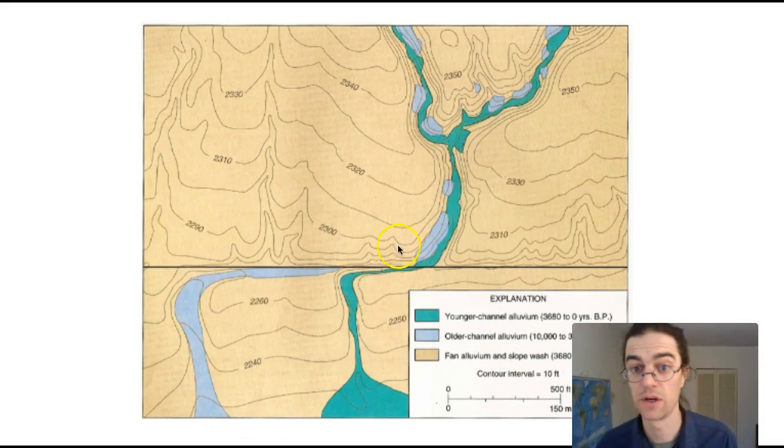So you have the younger channel and the older channel, alluvium, and the fan and slope wash in yellow. There's a contour interval of 10 feet, it notes, and our scale bar there. What my picture might be hiding is some of the different time scales associated with the different color bands.